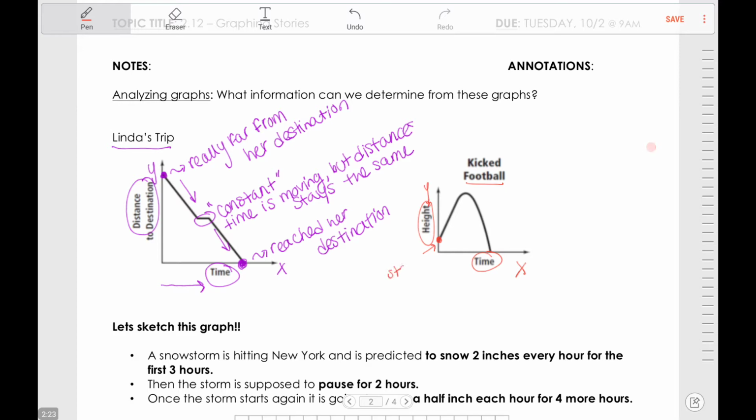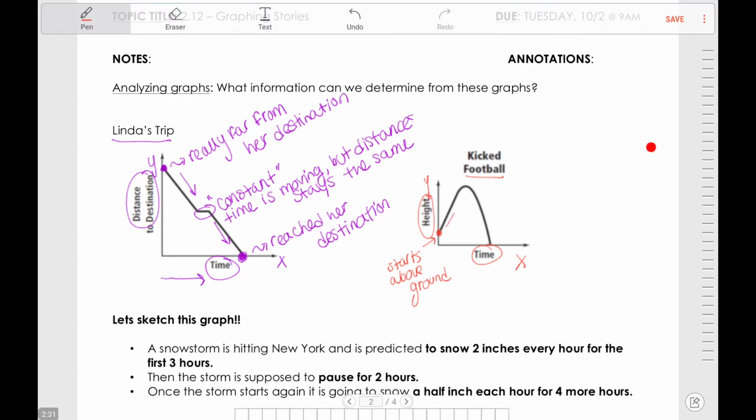So it starts above the ground. Okay, the football gets kicked. As it gets kicked, the height increases. And what happens at this point? This is the turning point. Or, like we talked about last week, it's the max height.